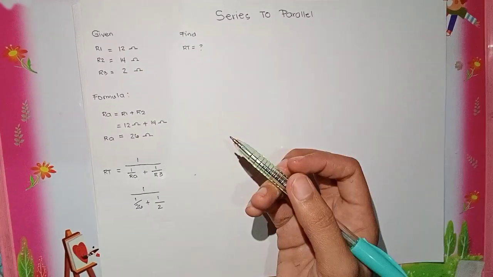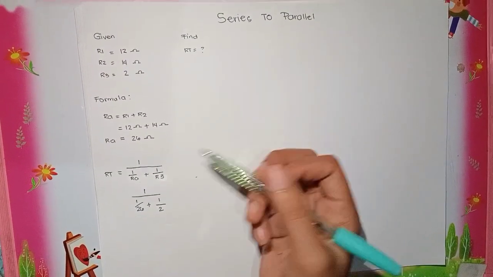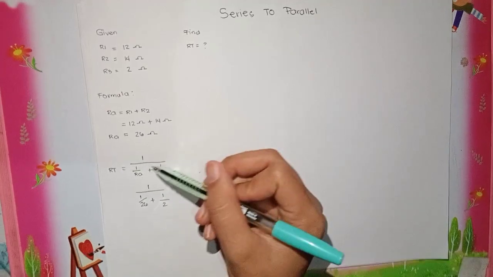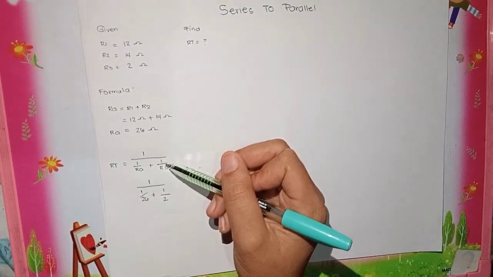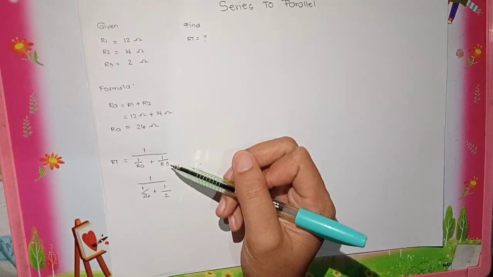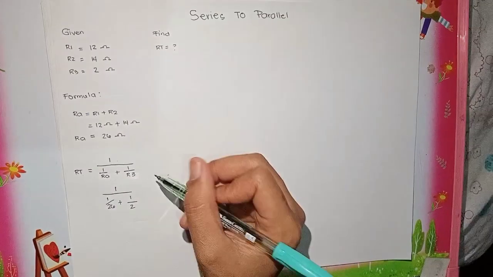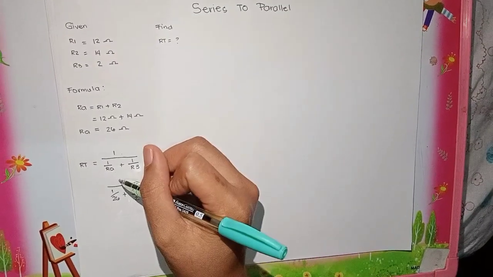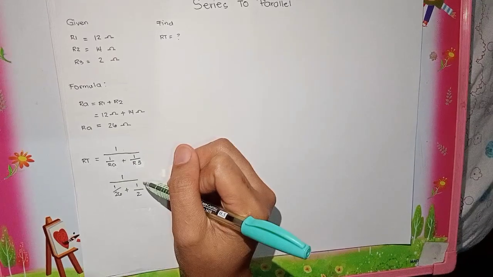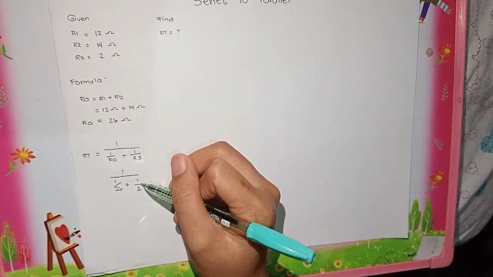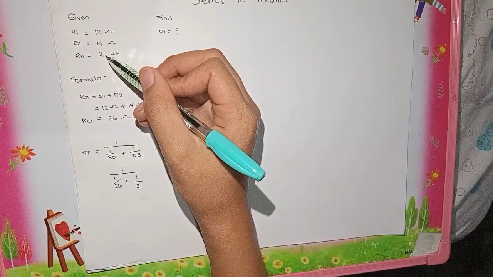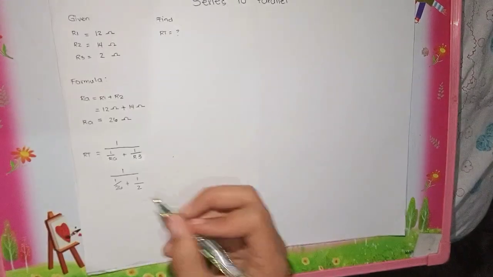So the formula in getting the total resistance is equal to 1 divided by 1 over RA plus 1 over R3. Let's copy the 1, and then 1 over RA which is 26 ohms, plus 1 over R3 which is 2 ohms.